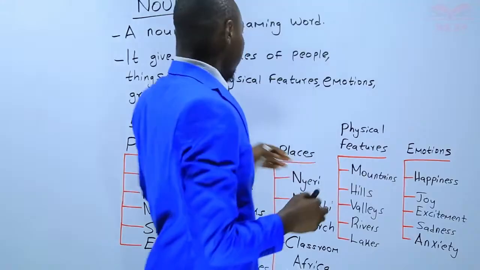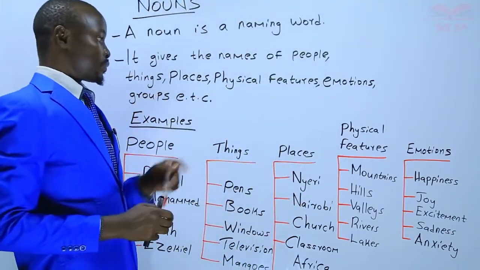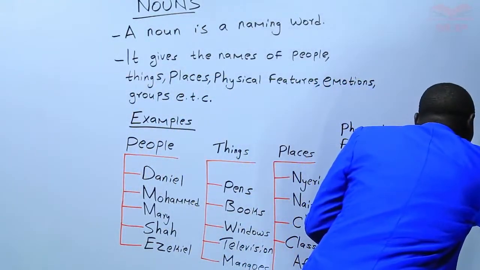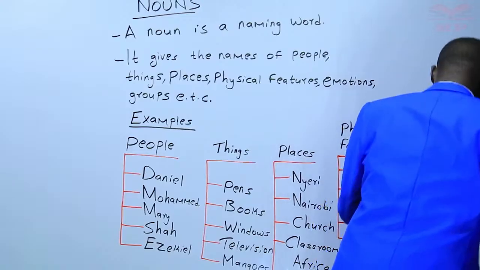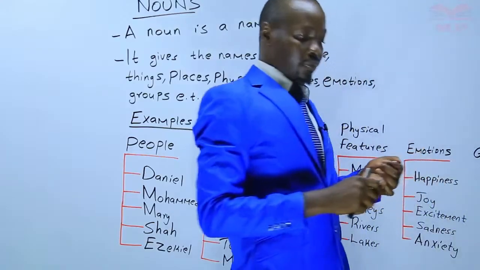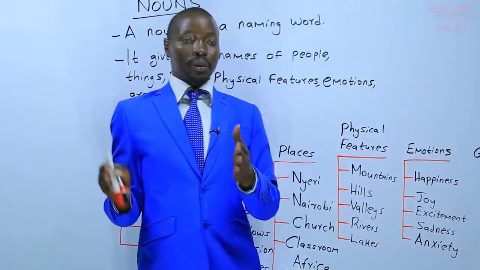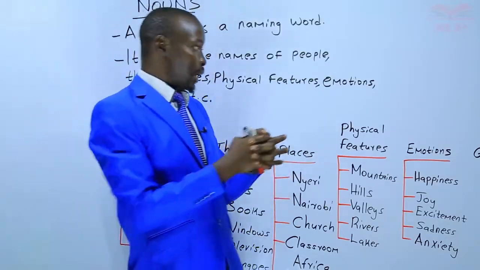Moving on to the last category of the nouns, we have the groups. So under groups, this simply means the nouns or the things that we've talked about here coming together to form a larger number.